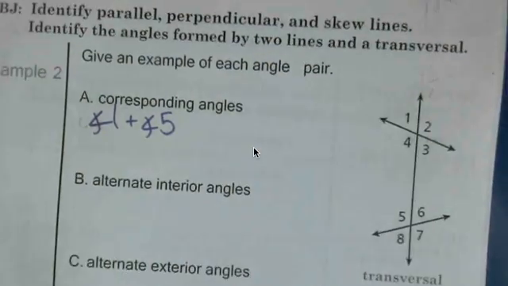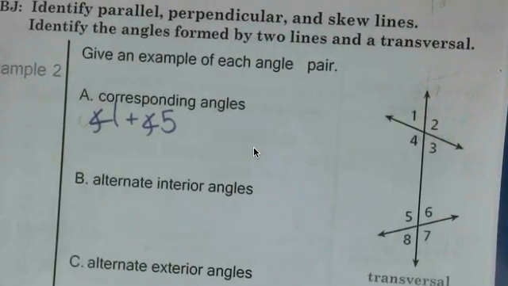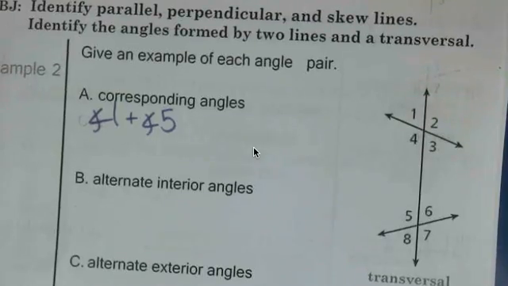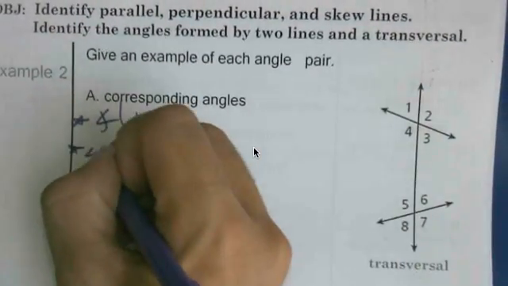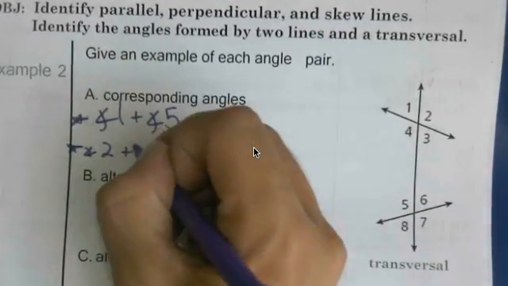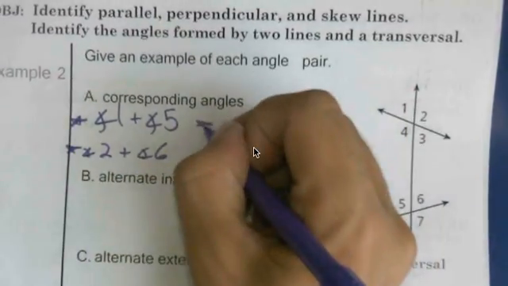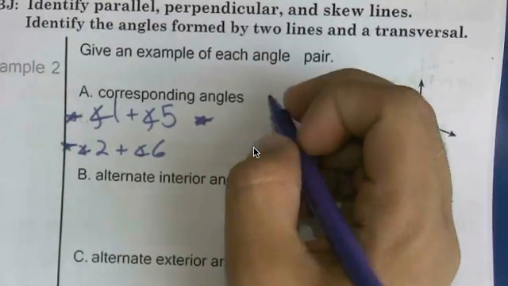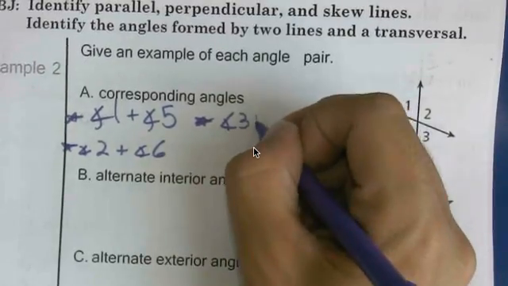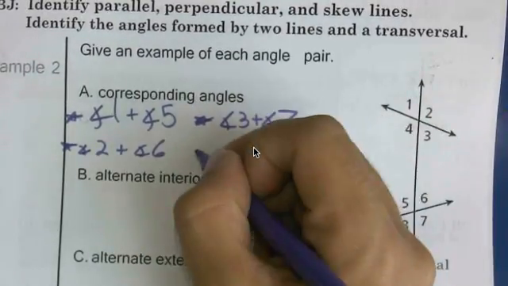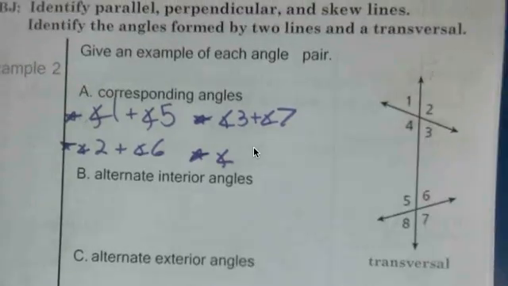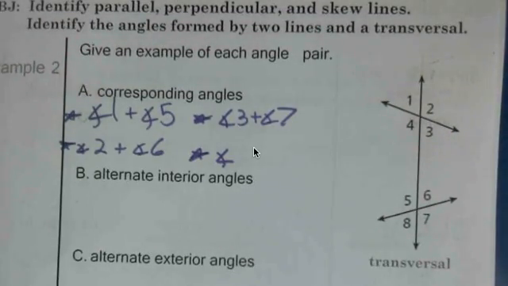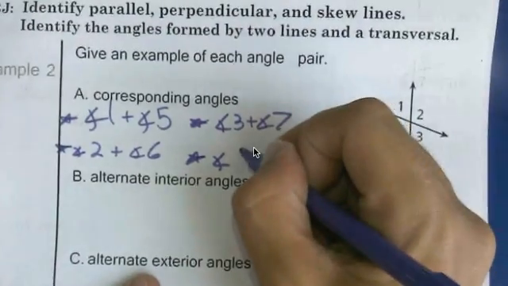They actually label these the same way, so that's totally okay. We could also say 2 and 6. You could also say 3 and 7. You could also say, what additional pair could we say? We could do angle 4 and angle 8 for sure.